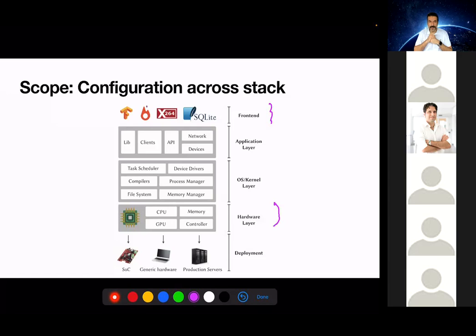Embedded systems, these kinds of IoT devices, are all configurable at the microarchitecture level. They expose many interesting configuration options, and these options interact with the options that developers have at the software level.